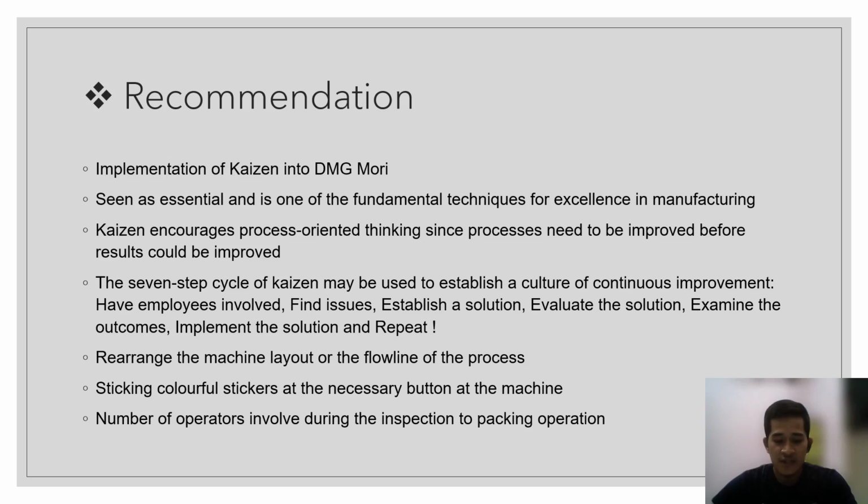There are 7 steps in the cycle of Kaizen that may be used to establish a culture of continuous improvement, which involve: have employees involved, find issues, establish a solution, evaluate the solution, examine the outcomes, and implement the solution and repeat.